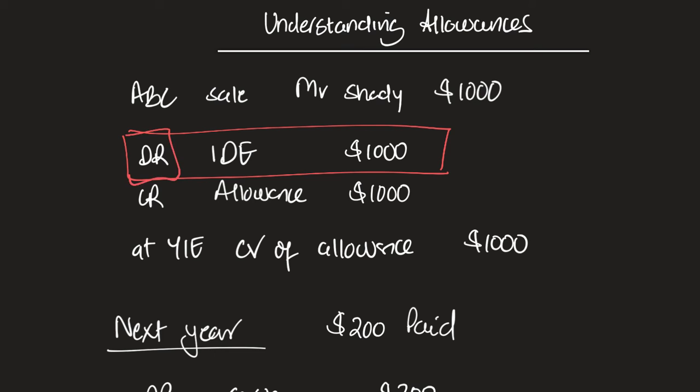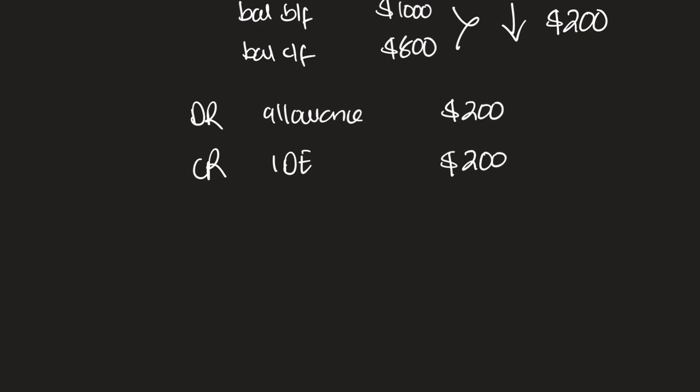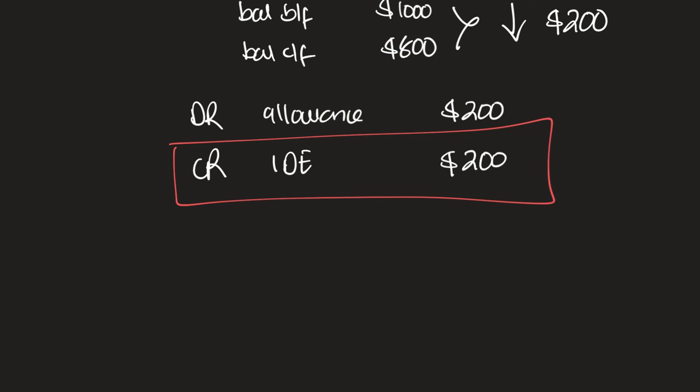So notice that what we're doing is we debited first. So to reverse, all we're doing is simply crediting for the balance that he did actually pay up. Okay, and that is the full journey of the transactions for a situation with an allowance that is actually then paid up.